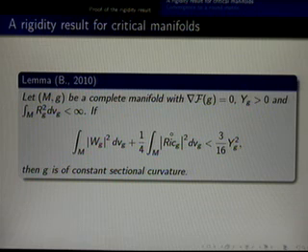So when you rescale the metric, you will get an infinite volume manifold, and under the assumption that the scalar curvature in L2 norm is bounded, and of constant curvature, your curvature has to be 0.